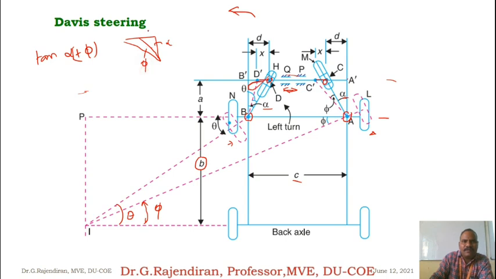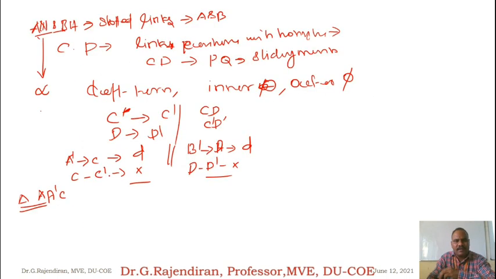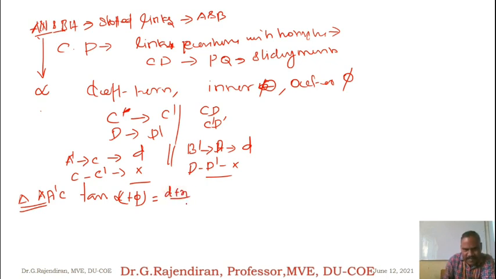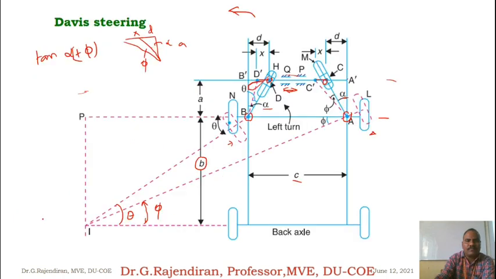This one is D, this one is X, this one is A. So for this triangle, tan of alpha plus phi is equal to D plus X divided by A.